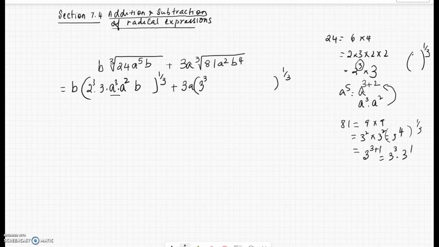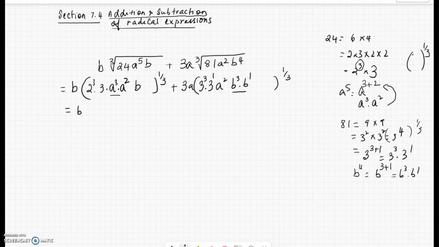A squared, and b to the 4th. Since 2 is less than 3, there's not much I can do about that. But b to the 4th, I'm going to write it as the largest multiple of 3 less than 4, which is 3 plus 1. So that is b cubed times b to the 1, which is really equal to b to the 4th power.